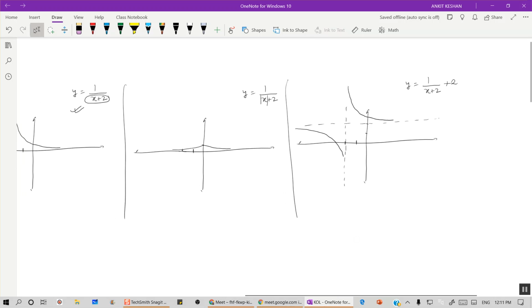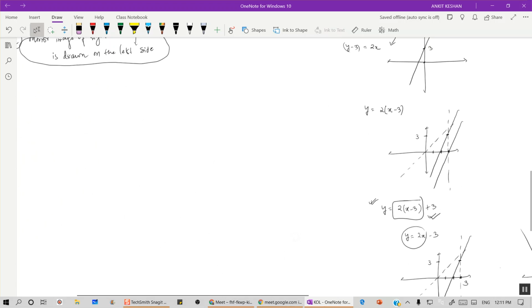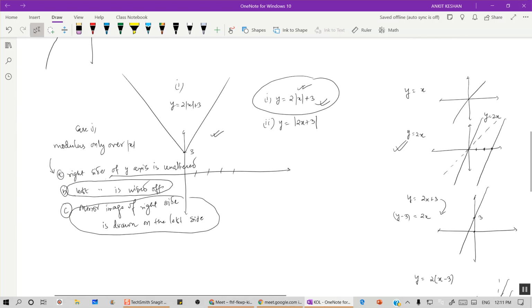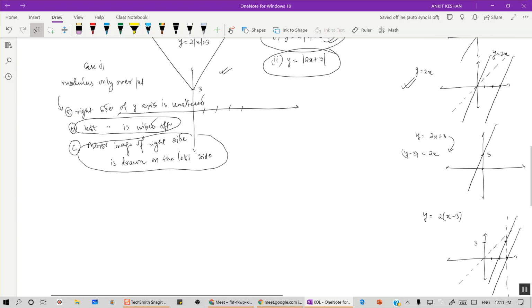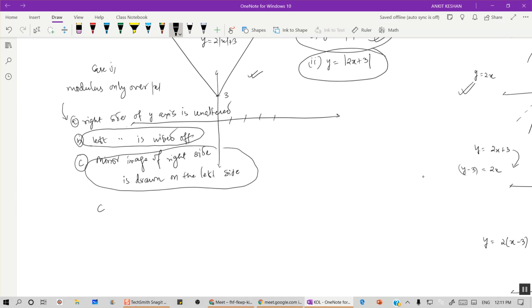Now we have to do the second type of modulus. Modulus applied over the entire function. Case 2. Mod over entire f(x).